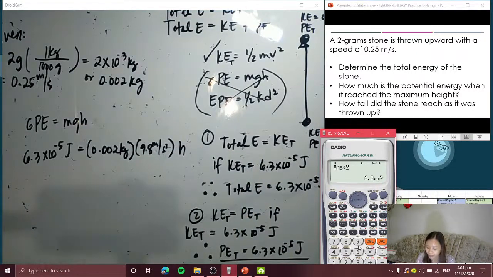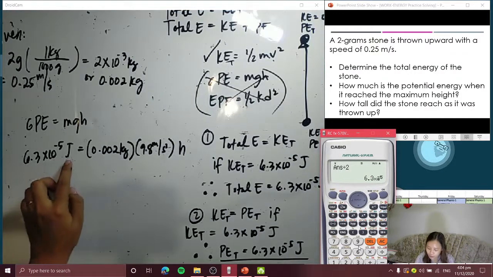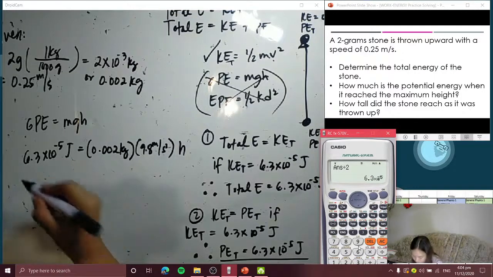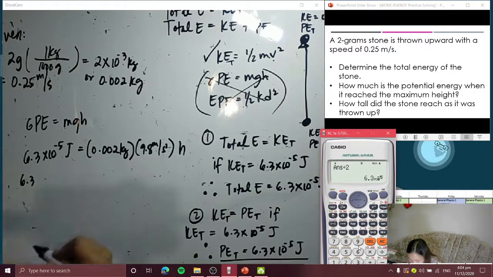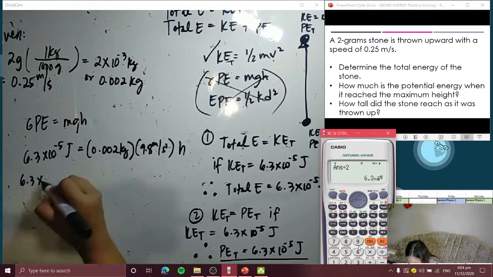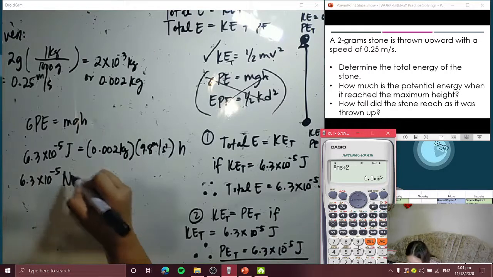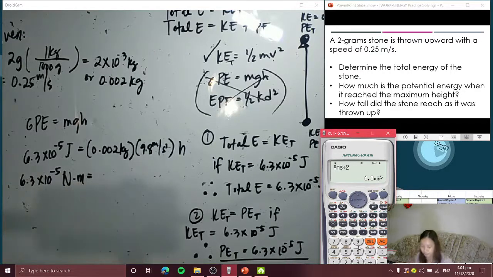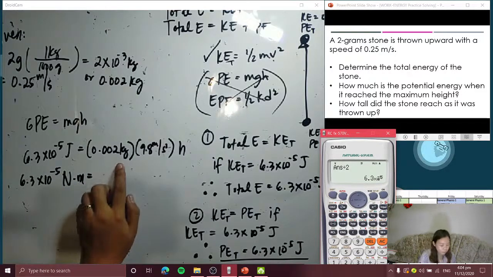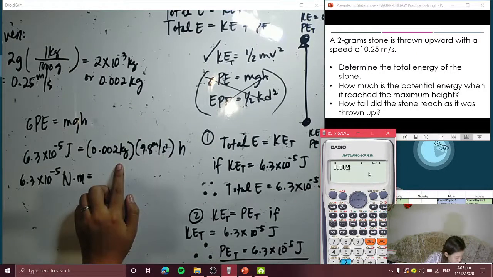We will multiply them and extract our unit here. So we have here 6.3 times 10 to the negative 5 Newton meter. Multiply the two values: 0.002 times 9.8.